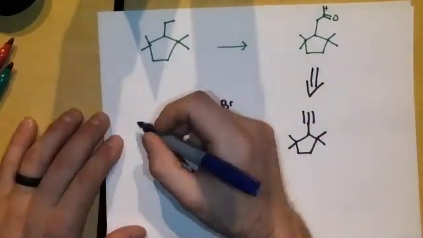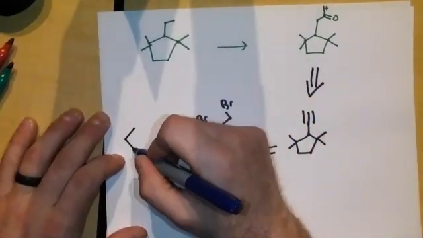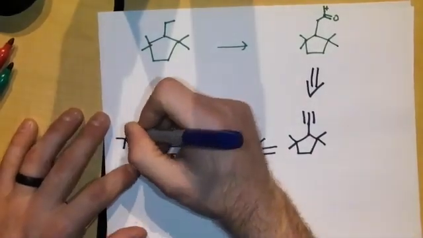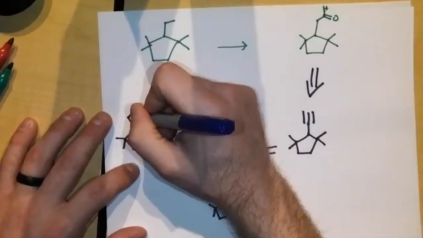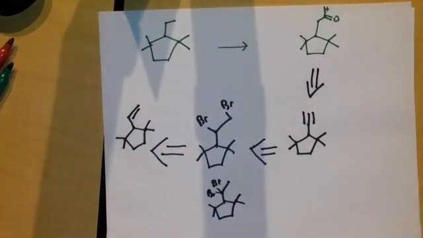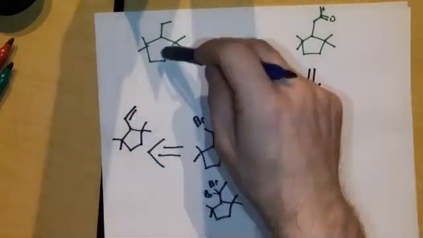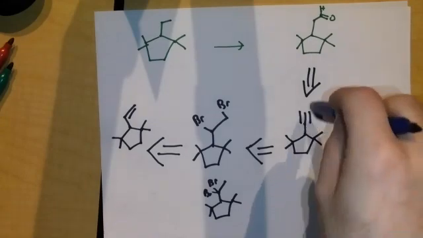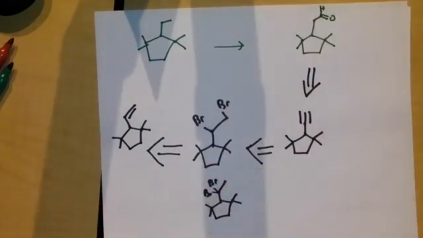So getting here, we're going to want a double bond here, and we can work in between these two to figure out how to get there. I'm going to reference this a lot, but I'm going to start by redrawing our starting material.